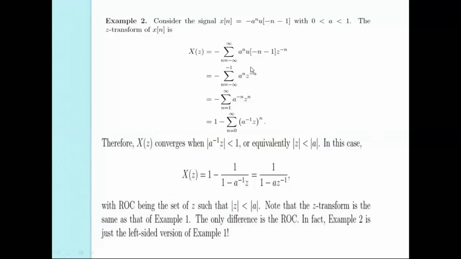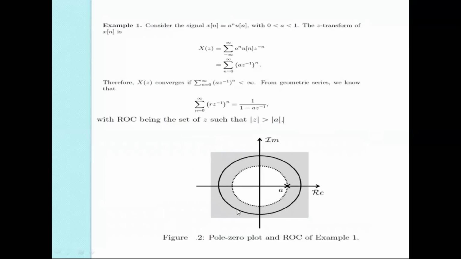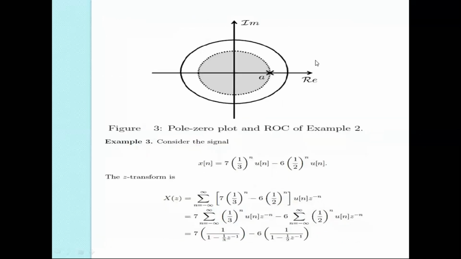So first of all, I have shown the shaded area in gray color outside the circle of radius a. Now this shaded area is inside, in gray color, because z is not greater than, it is less than. Z is less than a, so the ROC is inside the circle.